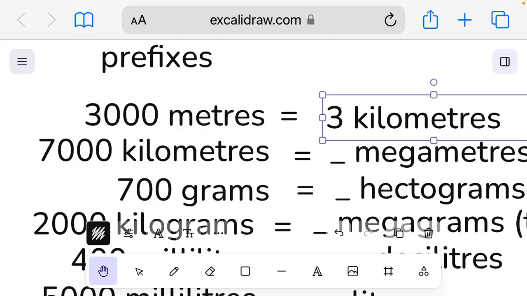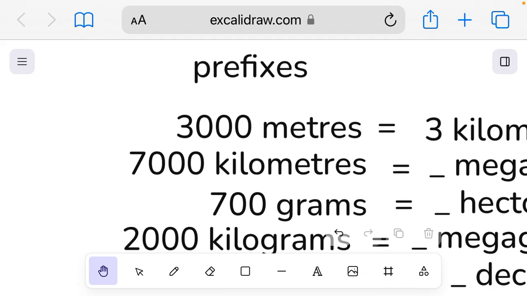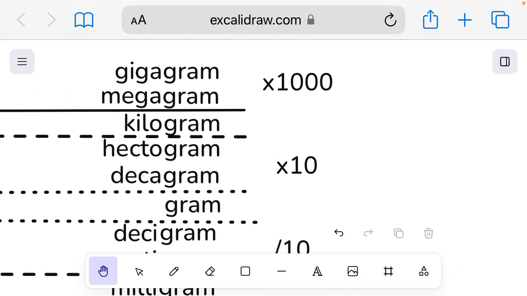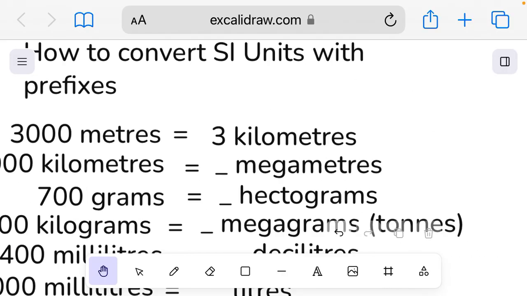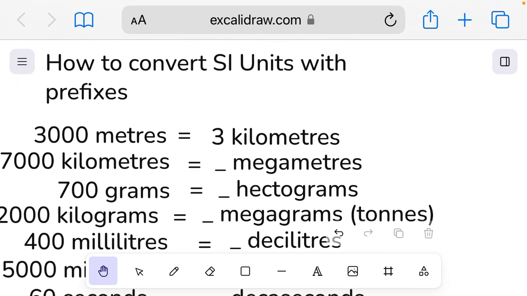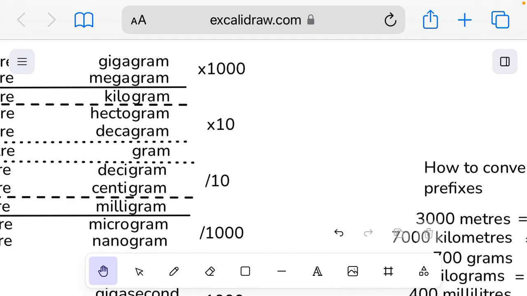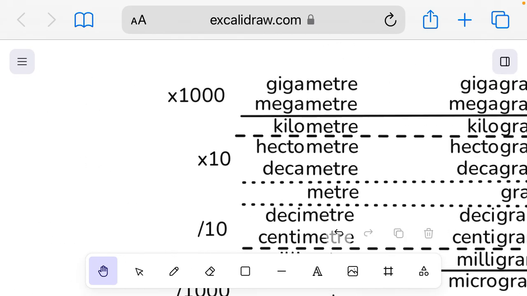Next, we have 7,000 kilometers. Let's find what it is. There's a new unit that you may never have heard before, which is called a megameter. If you don't know what a megameter is, it's simply 1,000 kilometers.